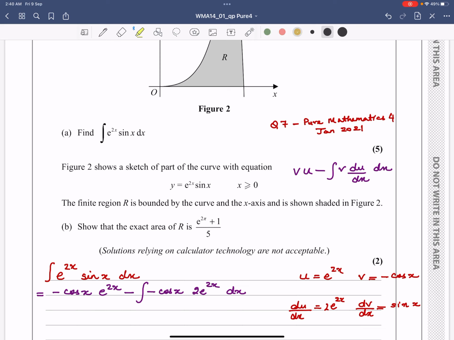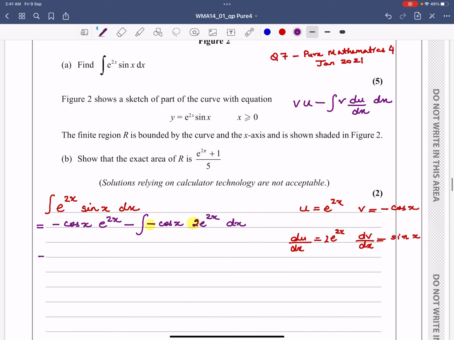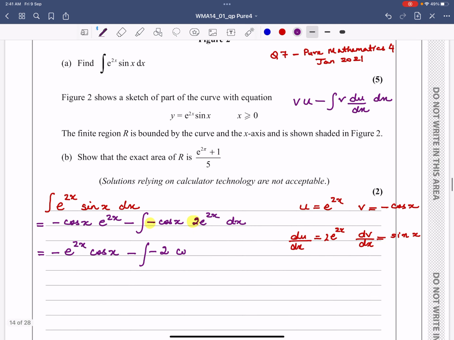In the next step, I can write the minus and the 2 together. So this is equal to minus e to the power of 2x cosine x minus 2, the minus and the 2 are written together, then the integral of cosine x and e to the power of 2x with respect to x.